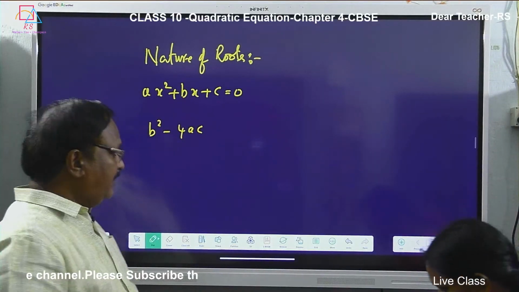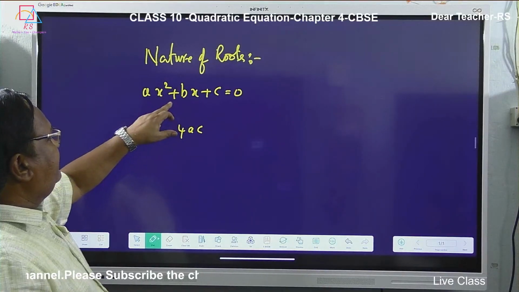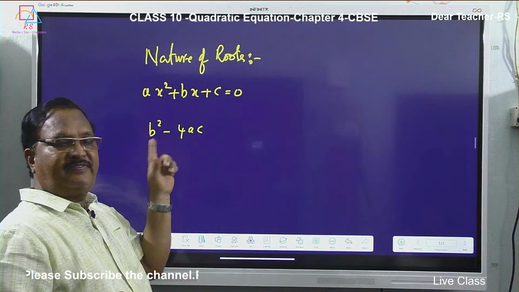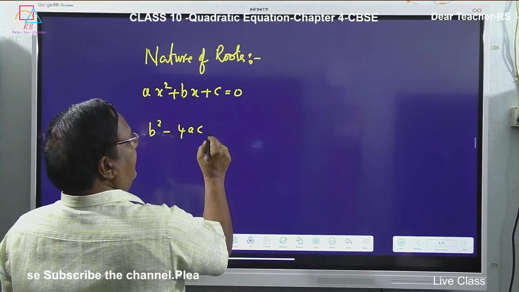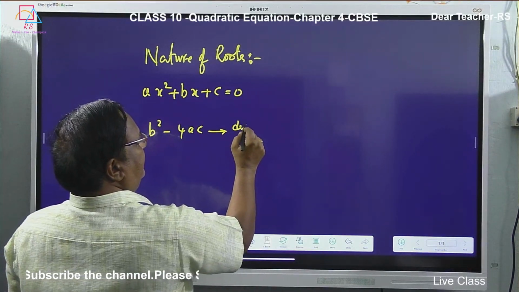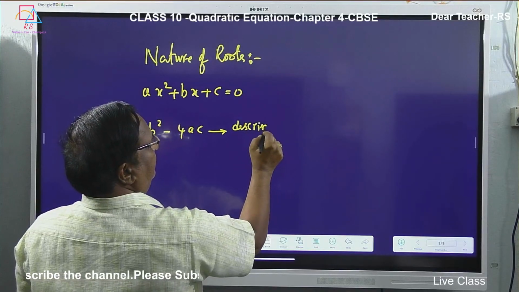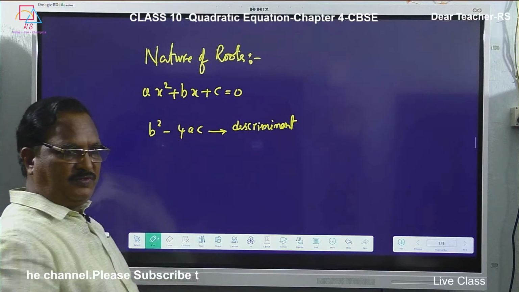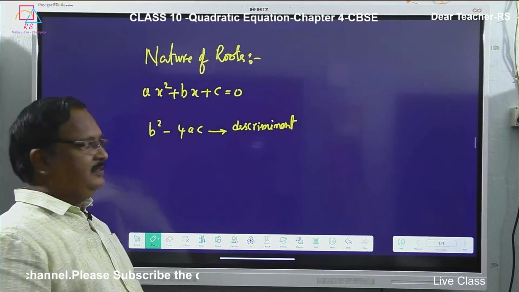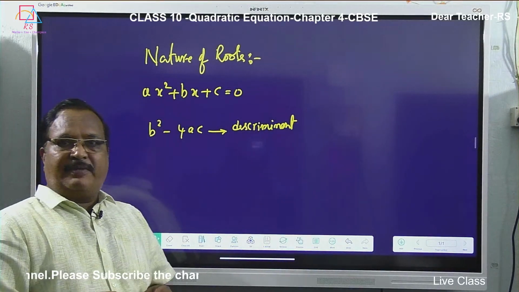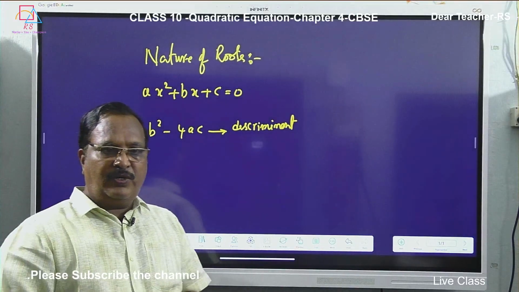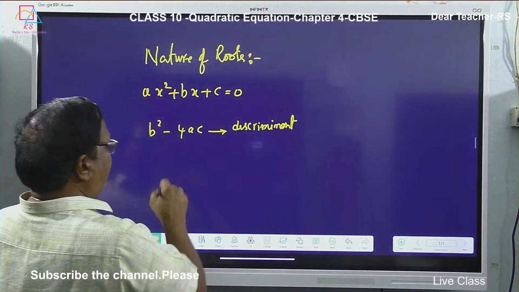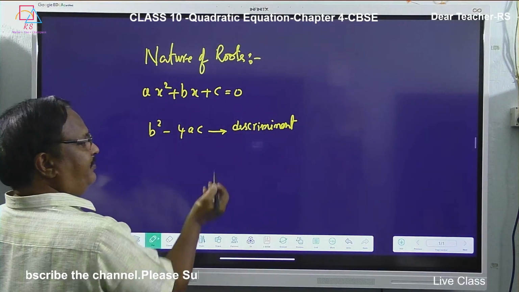So the nature of the roots of any quadratic equation depends on b square minus 4ac. That is why we call this a discriminant. b square minus 4ac is known as the discriminant. I will give you a reason also.